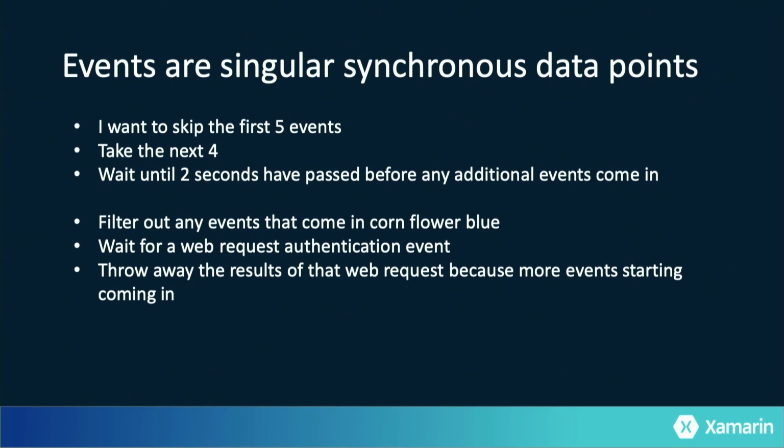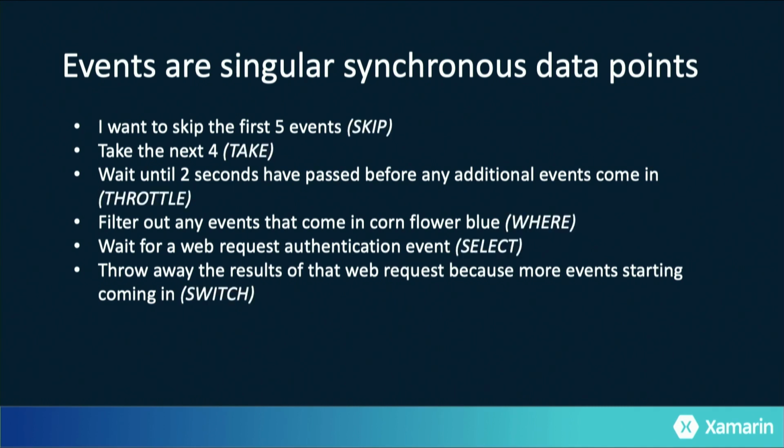How do you interrupt that web request once the connectivity is lost? How do you do that in a reliable way that's easy to manage? So all of these concepts have very clear versions of the verbs that map to them in reactive.